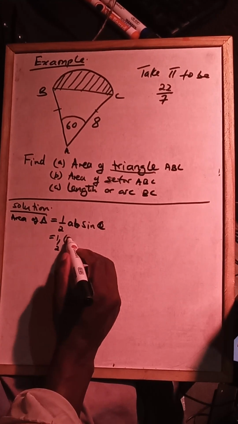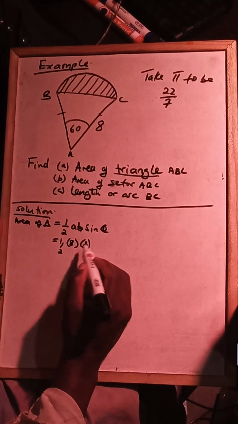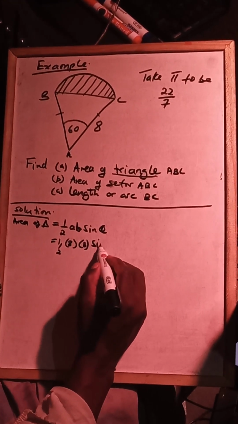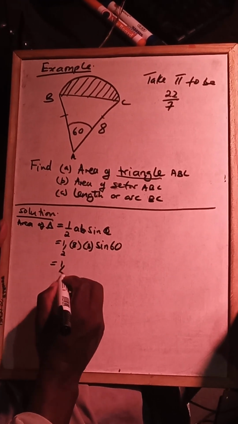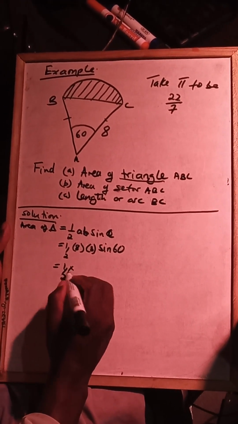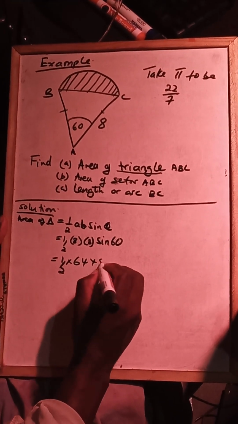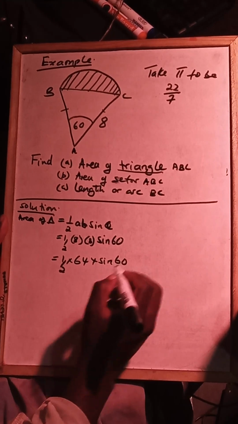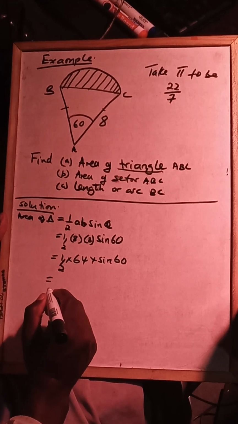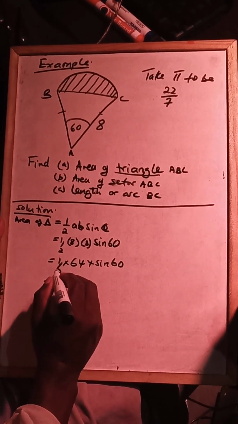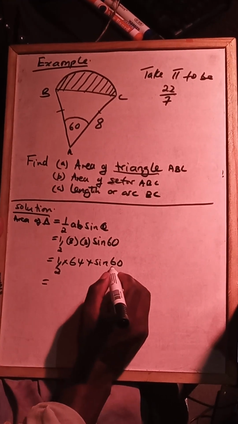So we are saying half times 8 times 8, 64, times sine 60, which is equal to 0.5 times 64 times sine 60.